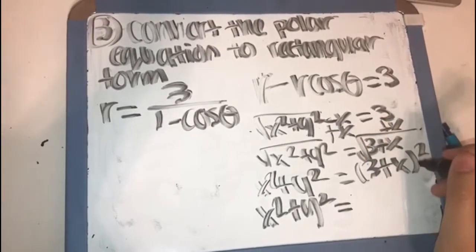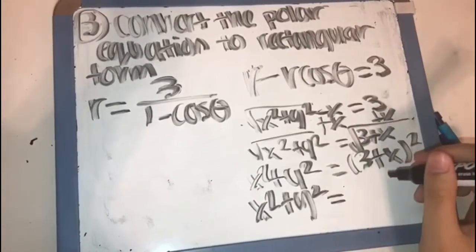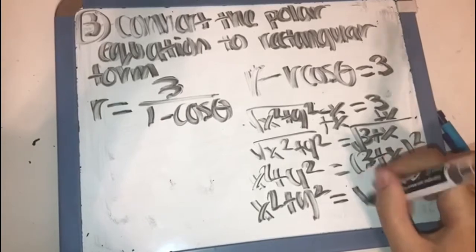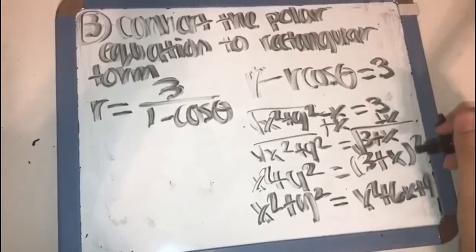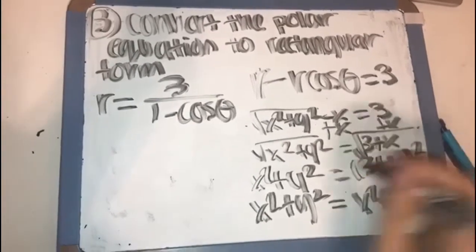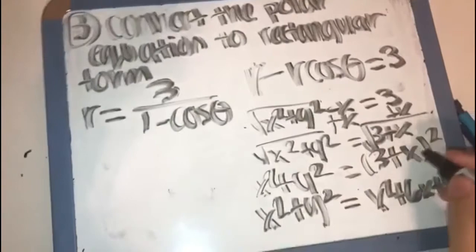So 3 times 2 is 6, x squared, and then 3 times 3 is 9. So it would be x squared plus 6x plus 9 when you distribute and simplify, using the distribution property in this part.